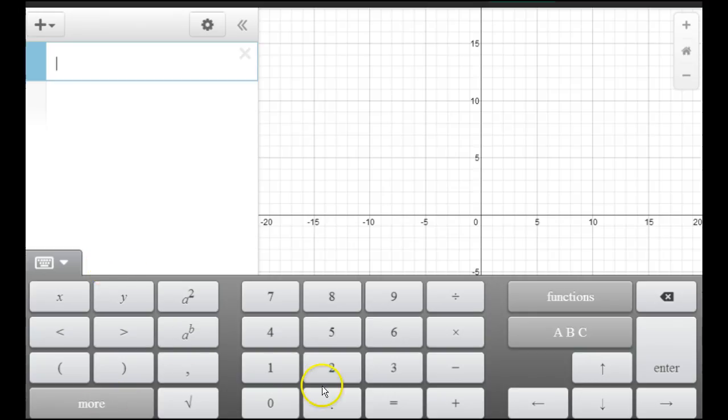Absolute value. So look for the absolute value. Where is it? Under more. Okay, there's absolute value. And then type in what? Inside x plus 2. And then on the outside, what is it going to do to the graph when you put in the +4? Yeah, moves it up 4.